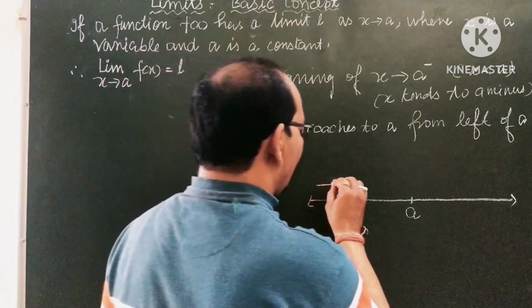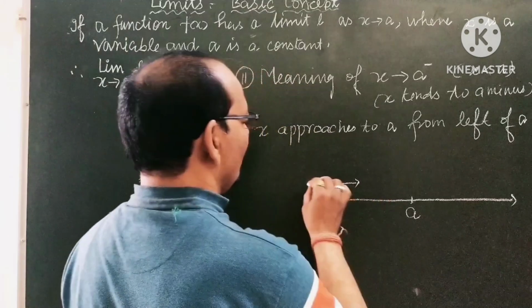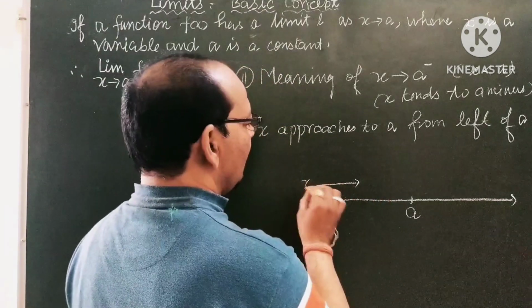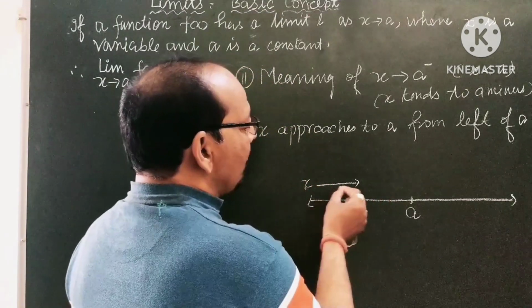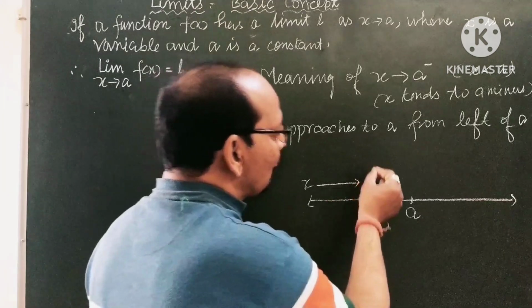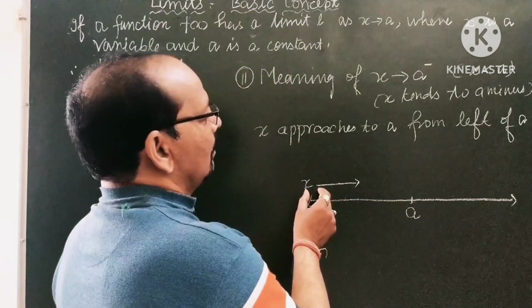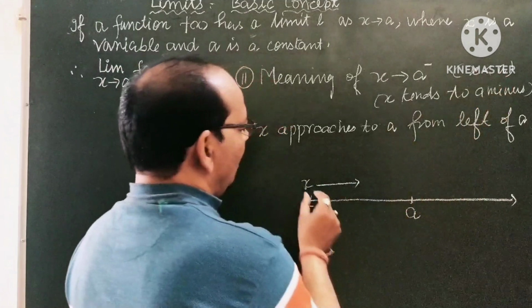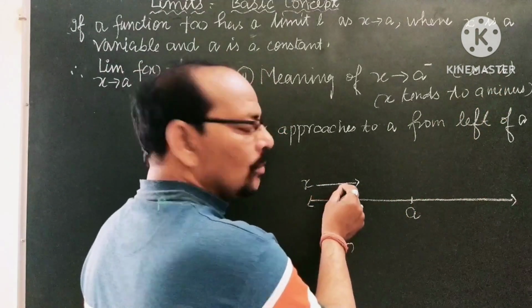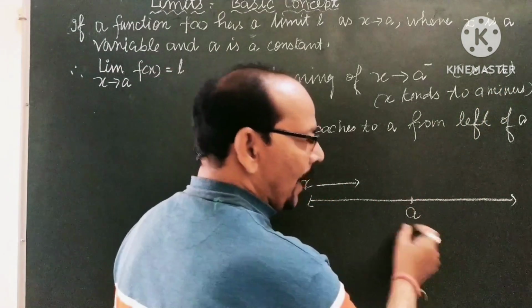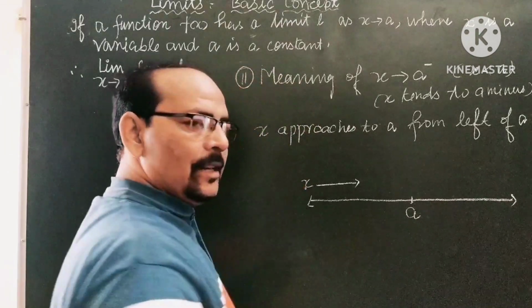If you take x here, x is going closer and closer to a. This means x less than a means x is going closer and closer to a from the left side.